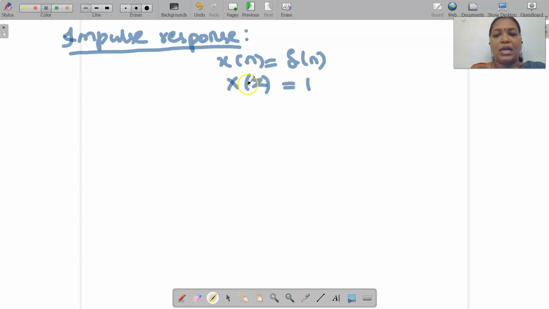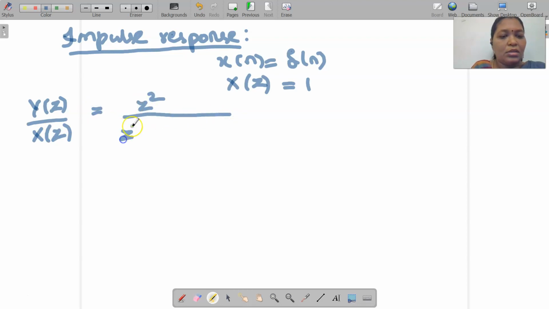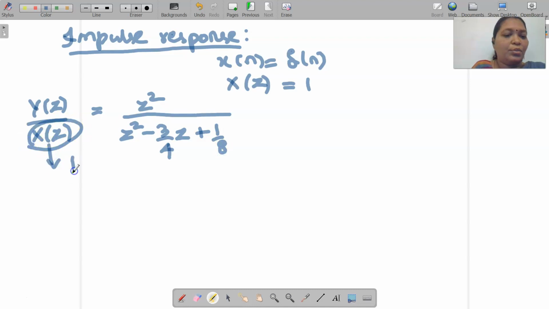So wherever I have X of z, I have to replace it by 1. So I already know Y of z by X of z is z square divided by z square minus 3 by 4 z plus 1 by 8. So here I am going to use this X of z term as 1.